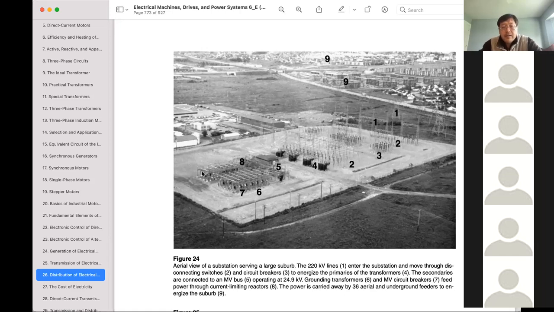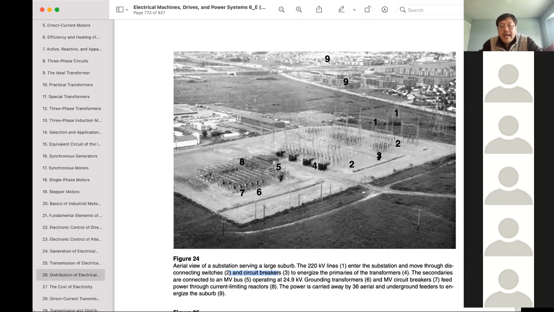So it goes from right to left. What is number 2? Number 2 is the circuit breakers, just like in your house. If you go to your basement, what is the first thing you see after the power arrives at your house? You have a circuit breaker. Same thing here.